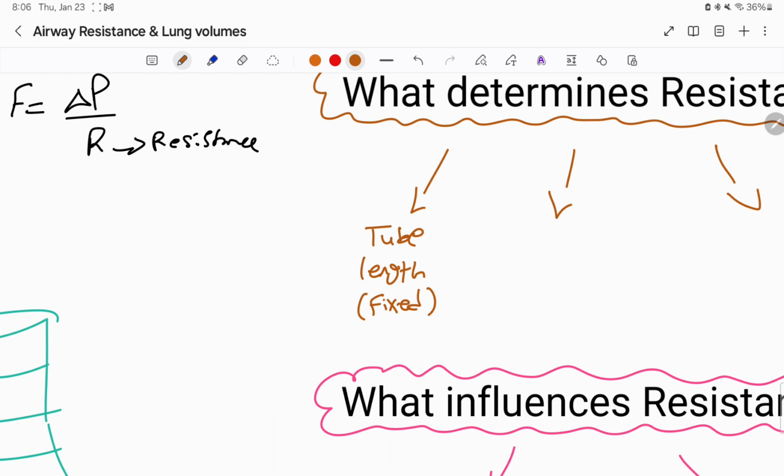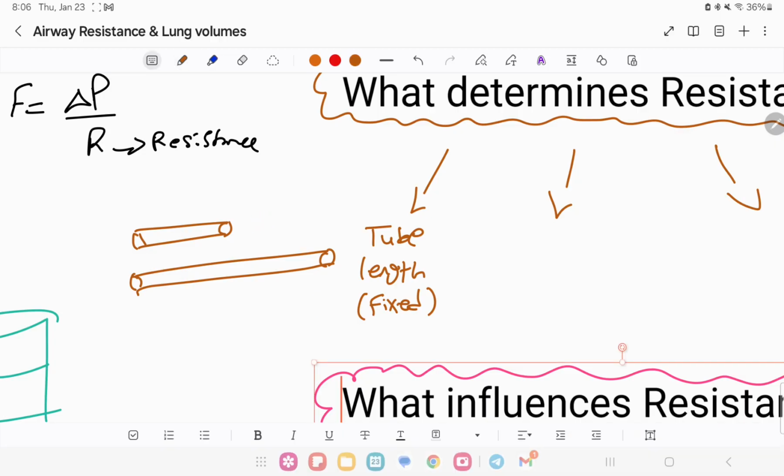Okay, so again, it's just big that way. Now, for example, let's take something here. Let's say that I have one straw. Okay, it is this big. And I have another straw that is this big, okay? And they're both going to try and pull some, I don't know, smoothie or something, okay?